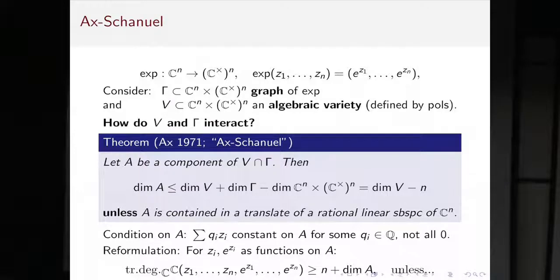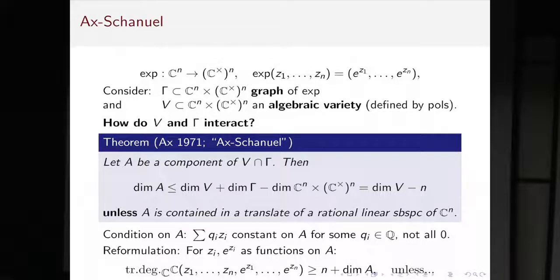They never have a bigger intersection, which is saying that the conditions of being on V and being on gamma are always independent, so that dimension can never be larger than it should be. In fact, that inequality, dim A less than or equal, should really be an equality; the dimension of those components can't be smaller. But I put it that way because of the reformulation I want to make.